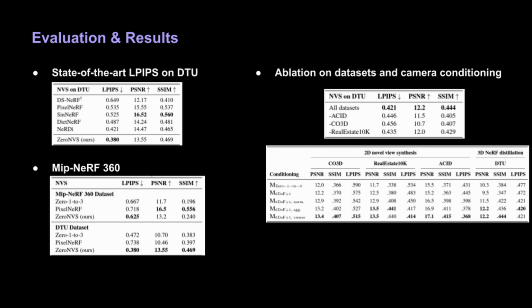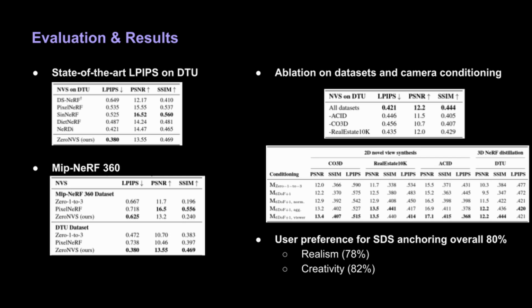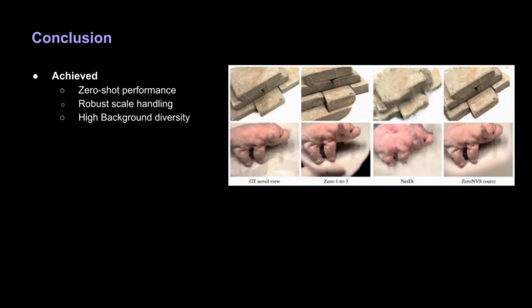From the ablation study, we can also see that the training on mixture of dataset, as well as proposed camera conditioning, improve the result. Lastly, the user preference study shows that SDS anchoring is better than standard SDS, both in realism and creativity.